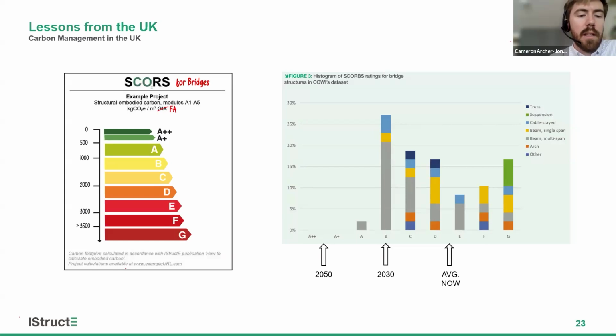But important to point out that it was calibrated such that the average was between a D and an E, that by 2030, the overall targets at a governmental level was that the upfront emissions in construction should be half. So the B is, I guess, the notional target for 2030, and then 2050 is net zero. So we want to get as low as practically possible. So that's how the bars are set.